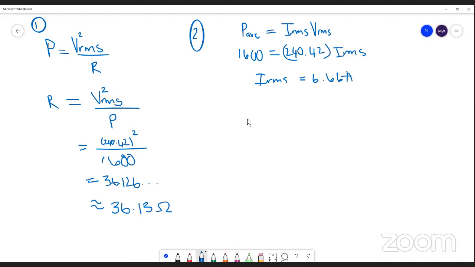And then I would take that and just put it into my normal formula, R is equal to V over I. In this case, you use your RMS values.